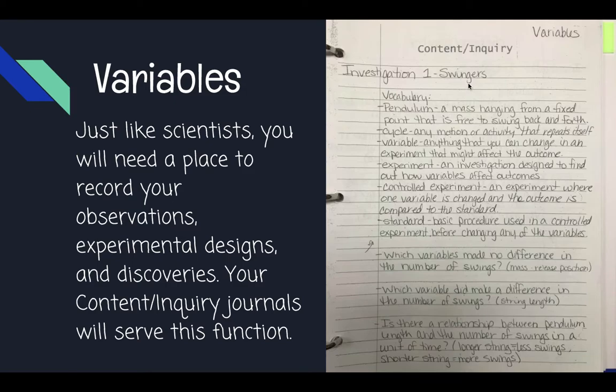I would list that on your content inquiry page, so later on if you're looking through, you know which heading you should be under. And the first one is swingers, and I just put vocabulary, and any of the vocabulary and questions that would go along with swingers we'd list on this page. So just plan to set up your variables in the top corner and investigation 1 swingers right there.